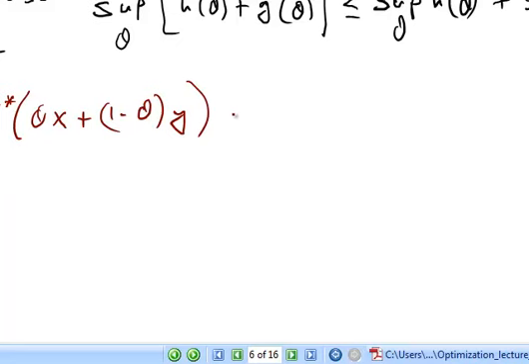So this is equal to, by the very definition, nothing but the supremum over all x.